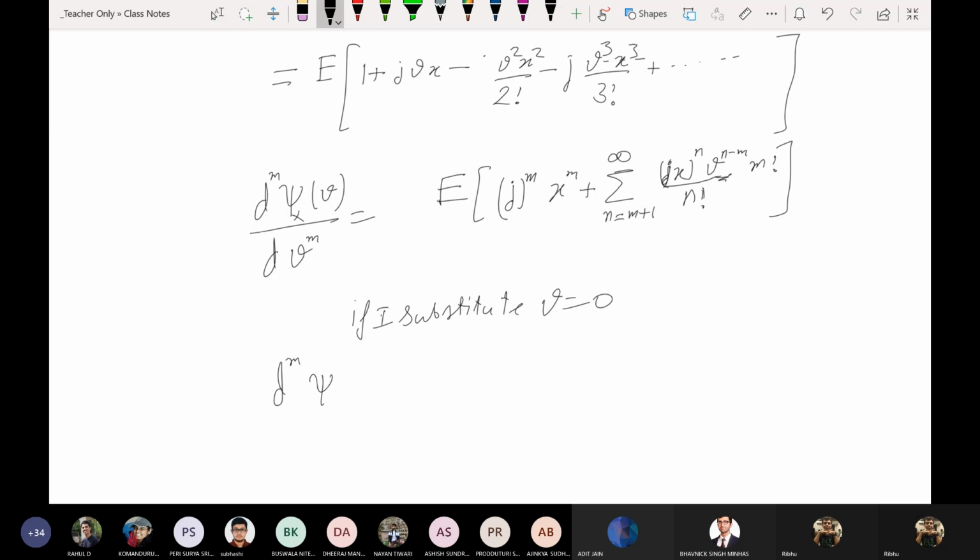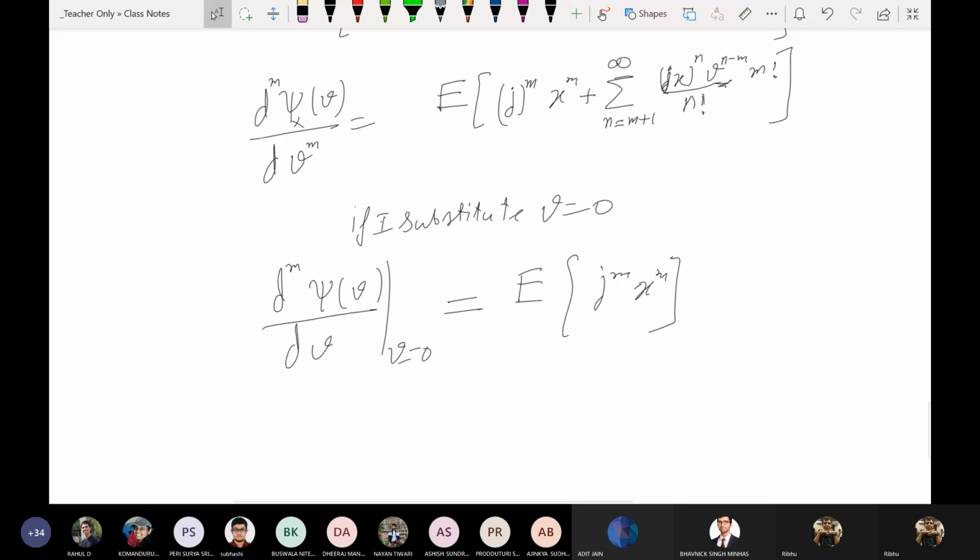The m-th derivative of psi with respect to v at v equals 0 equals expectation of x to the power m. Fine, because v is 0, and v is always in the numerator, all the other terms go to 0.